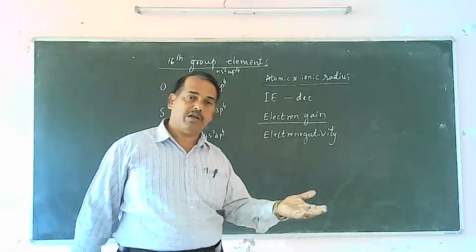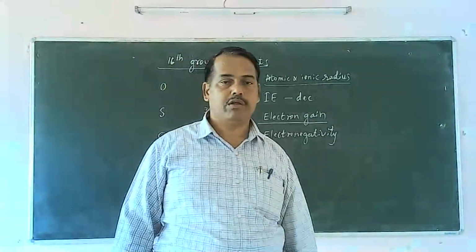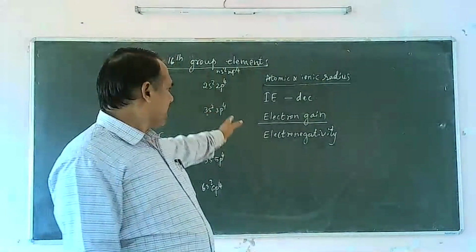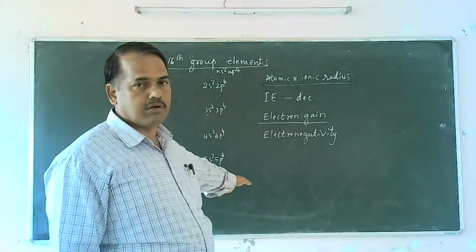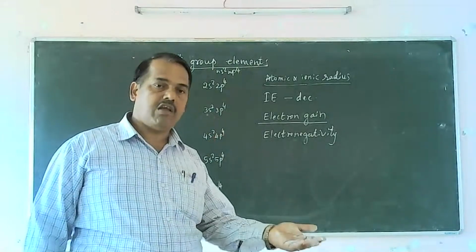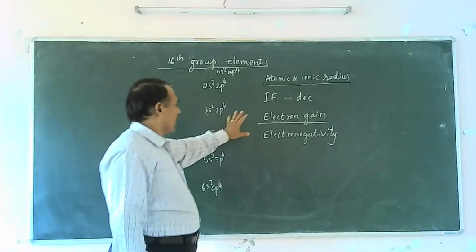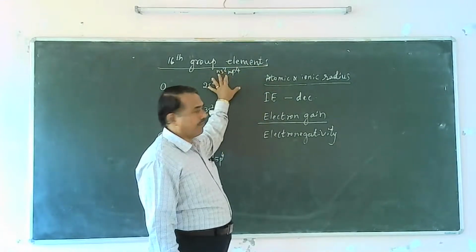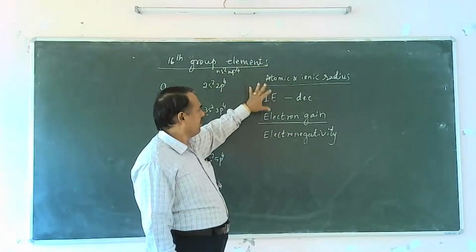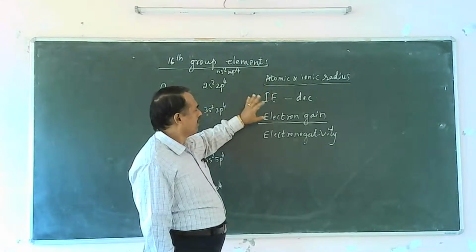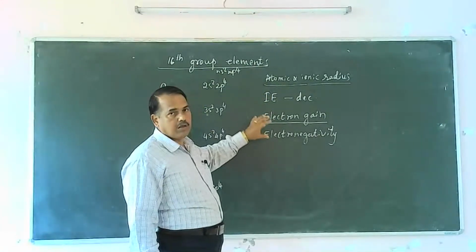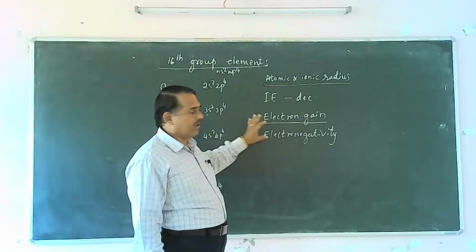Metallic and non-metallic character can be interpreted by electronegativity. As electronegativity is very low, the elements act as metals. So that is the chemical trends: electronic configuration, atomic and ionic radii, electron gain enthalpy, electronegativity.